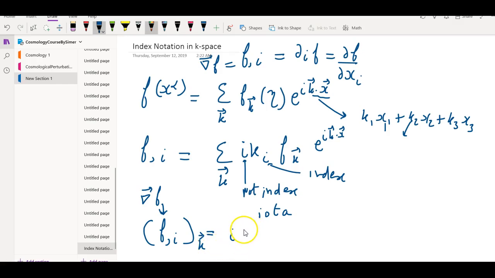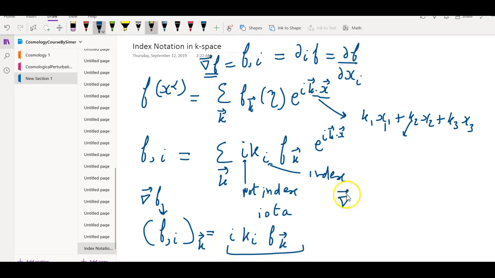Which means I want to know its Fourier coefficient. In perturbation, whenever you have to replace del f in equations or expressions with its perturbation value, just replace del f with this.